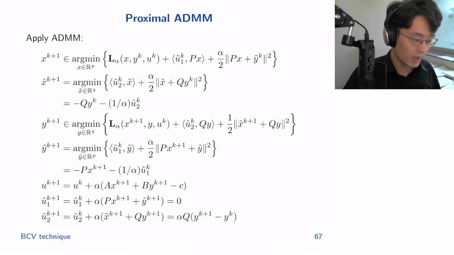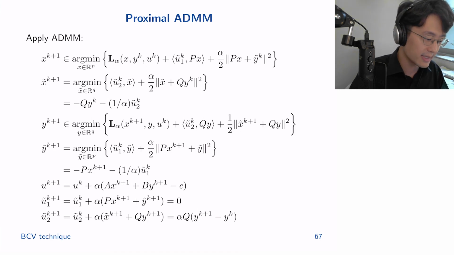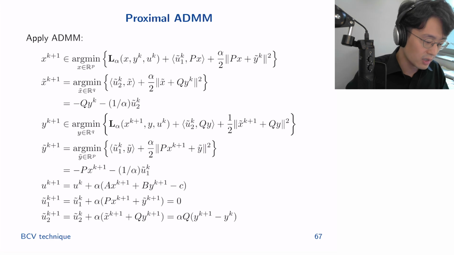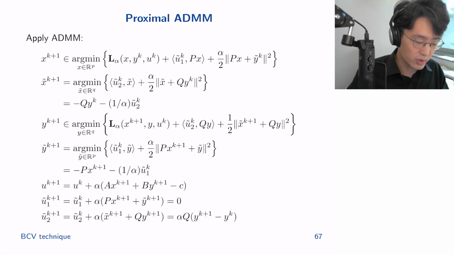So when we apply ADMM, now that we have the x and x tilde variables, the first subproblem solves for x and x tilde, and then the second subproblem solves for y and y tilde. And now that we have three equality constraints, we have three sets of dual variables. So we have the u k dual variable, which corresponds to the original equality constraint, ax plus by minus c is equal to 0.